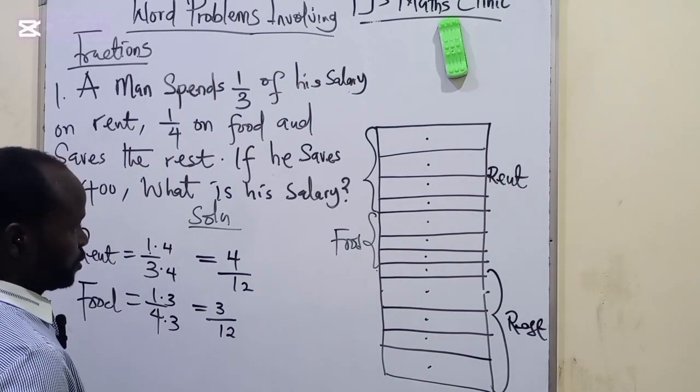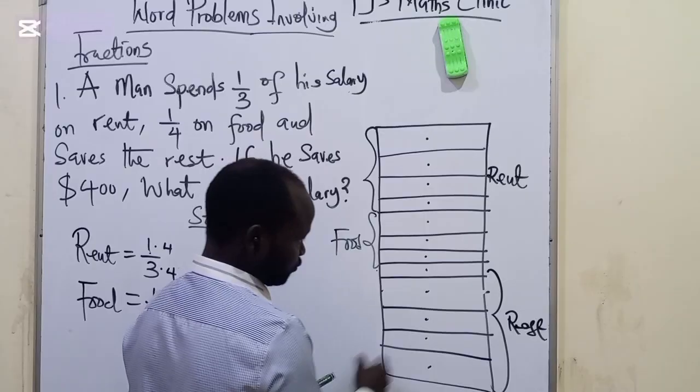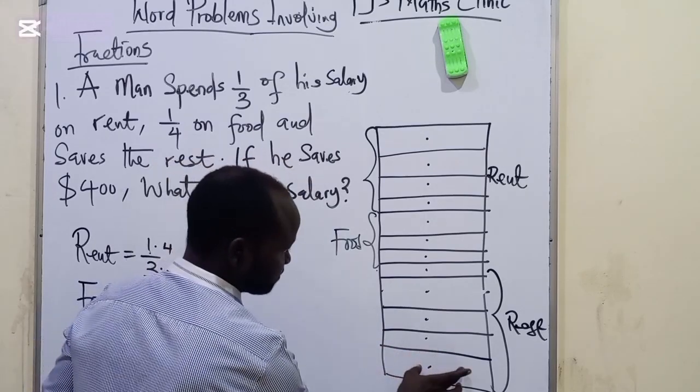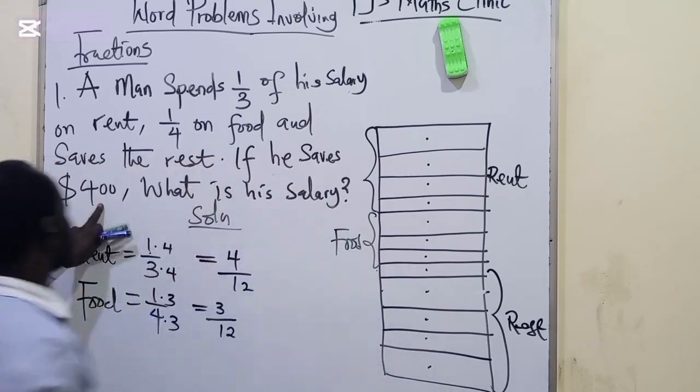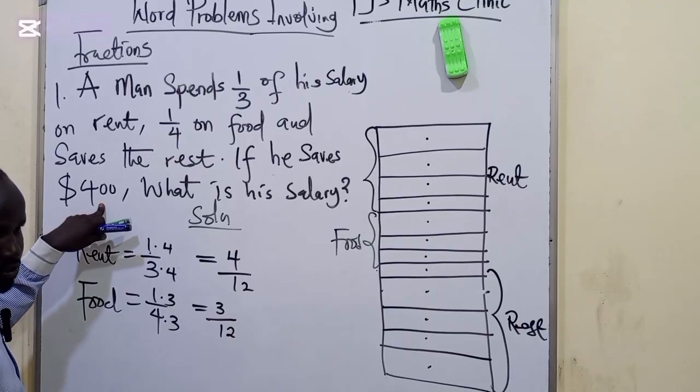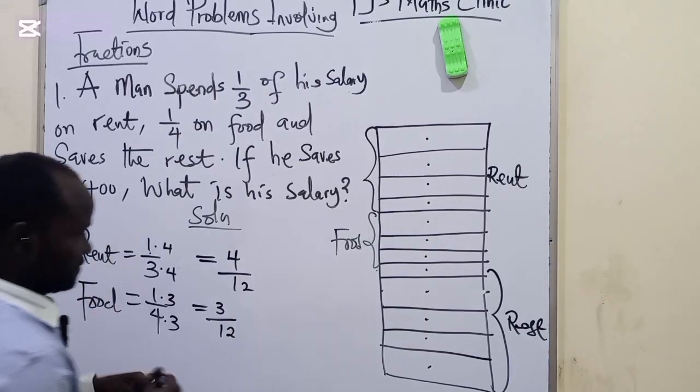Very important. So, to find what he spent on each part here, we divide this $400 by 5.